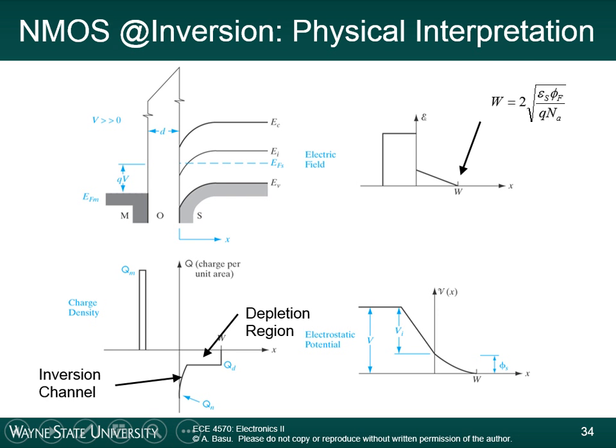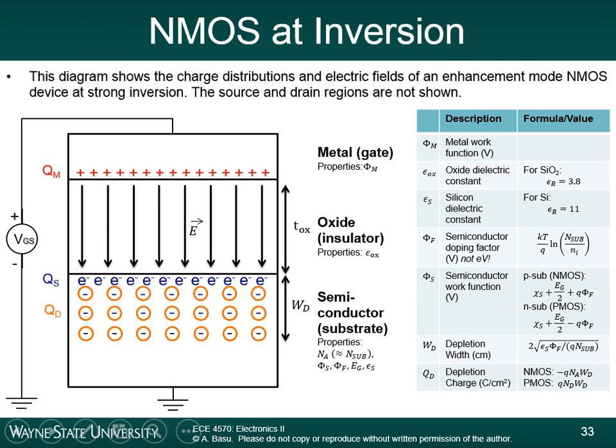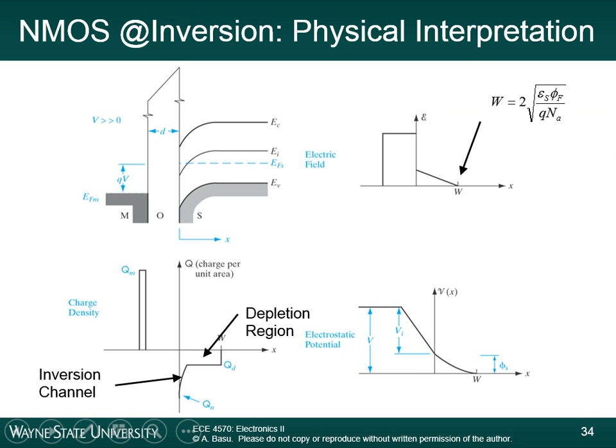This portion refers to these orange charges, the depletion charge. These are both negative charges. So the charge distribution in a MOSFET looks a little bit different than a PN junction, but hopefully you can understand it. This is given as a charge density, charge per unit area.